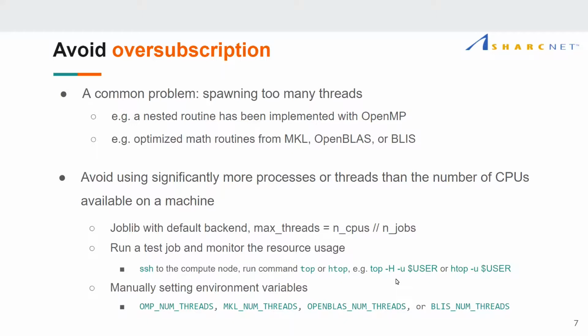If too many threads are spawned, you can adjust n_jobs to limit the number of parallel jobs, or manually set environment variables to limit the number of threads spawned in any function call. Here I listed these environment variables. You can set them with value 1 to not allow spawning too many threads, just one during the subroutine call.